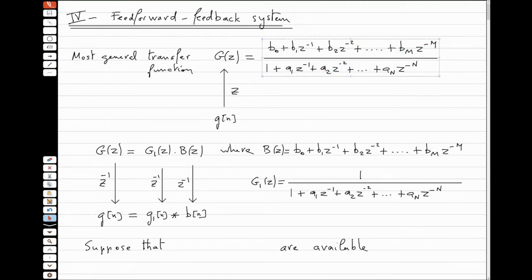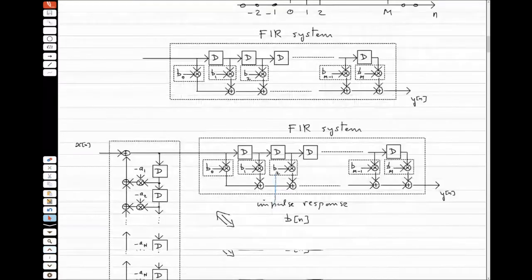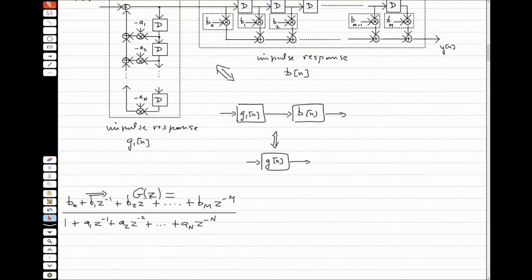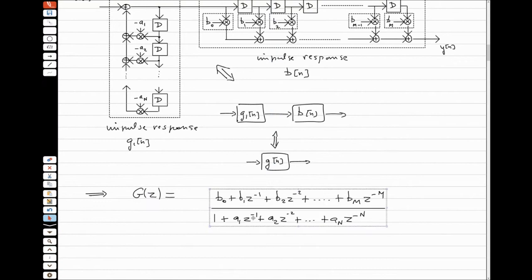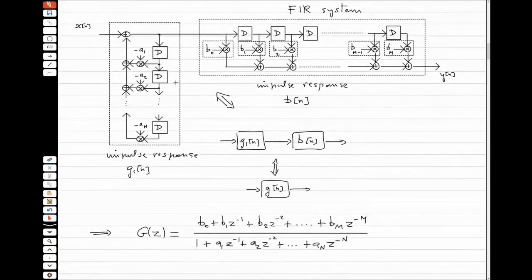Okay, copy. So the complete G of z is this. All right, so conclusion: one way to implement a system whose transfer function is like that is this implementation.